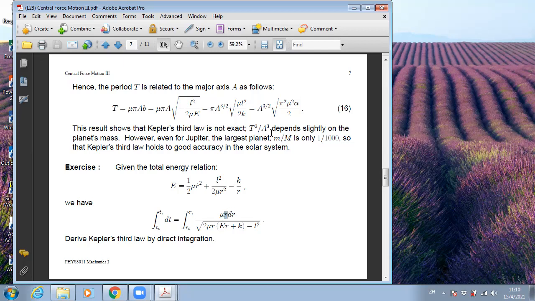Completing square. Right. So you turn it upside down.